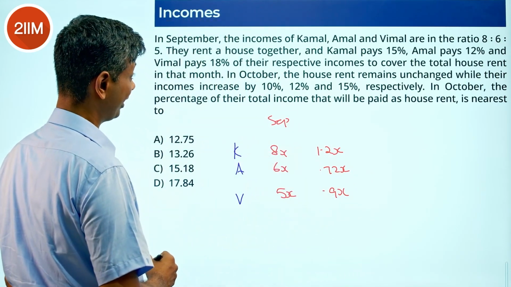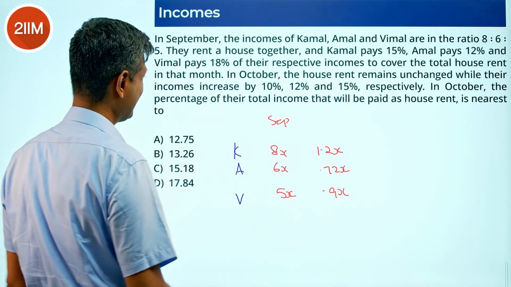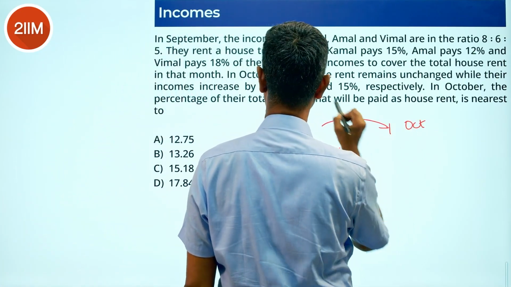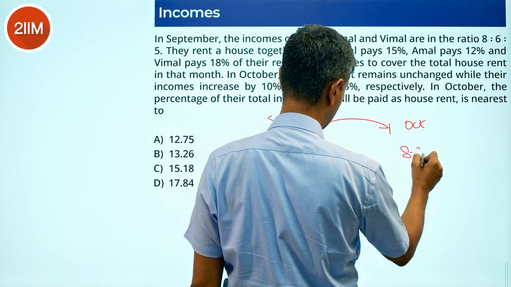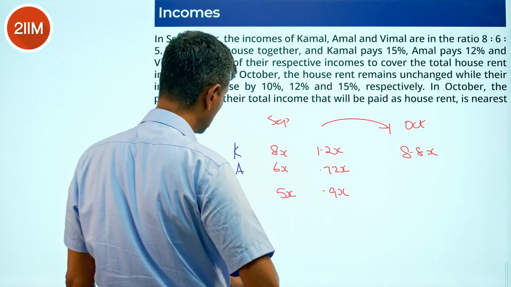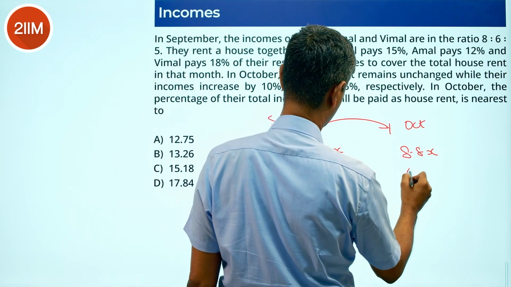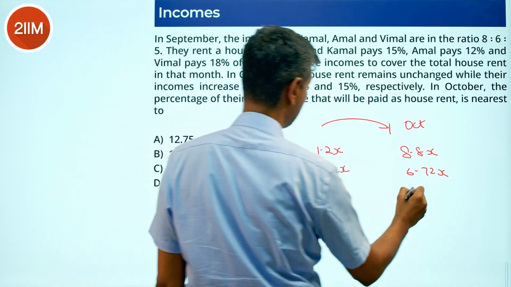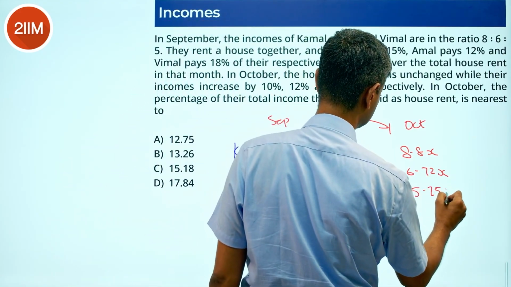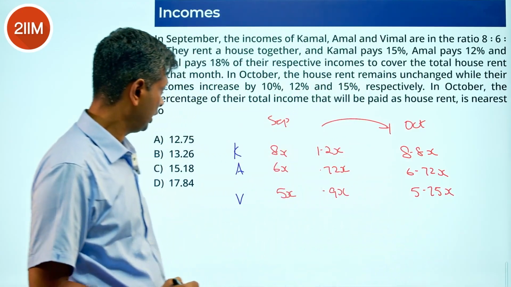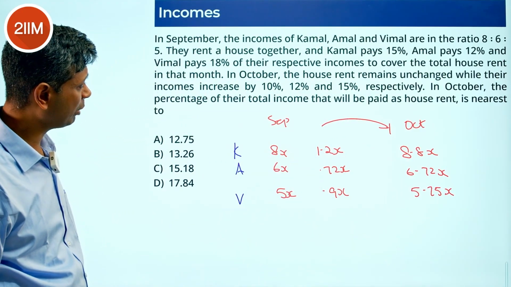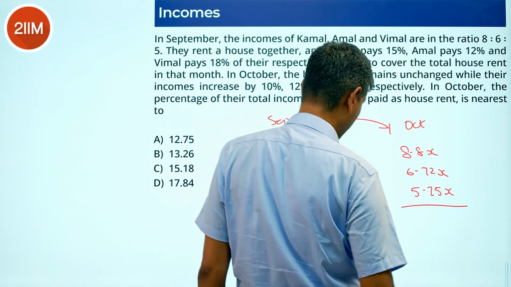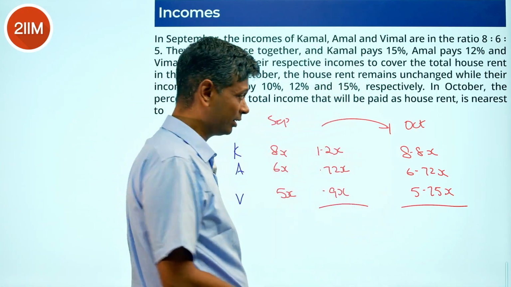In October, the house rent remains unchanged while their incomes increase by 10%, 8.8x, by 12% is 6.72x, and 15% is 5.75x. In October, the percentage of their total income that will be paid as house rent is nearest to a pain in the neck. Add these three, and do the math.